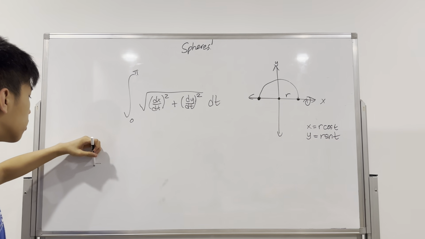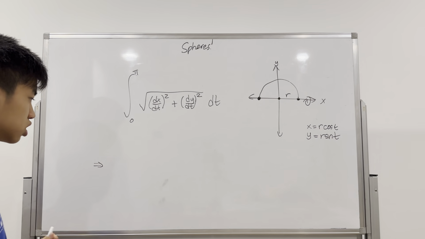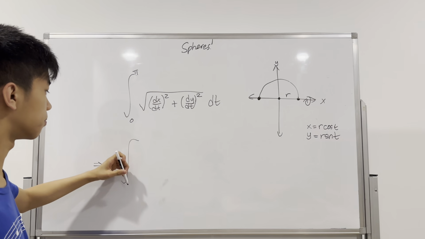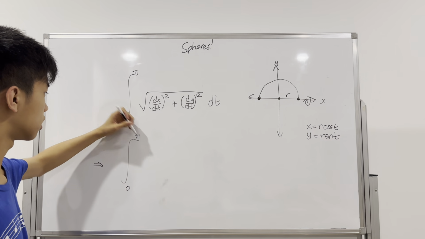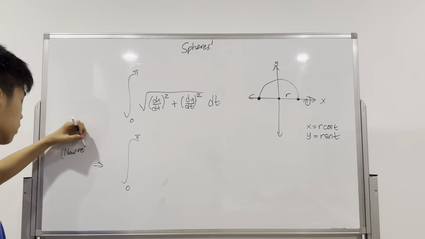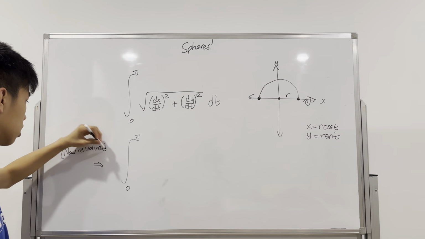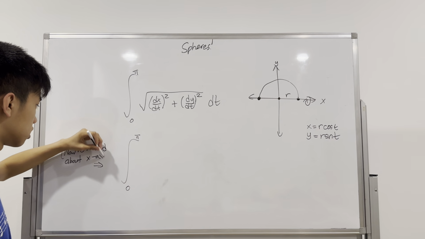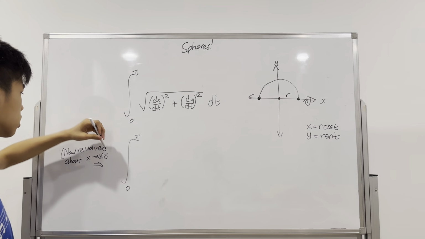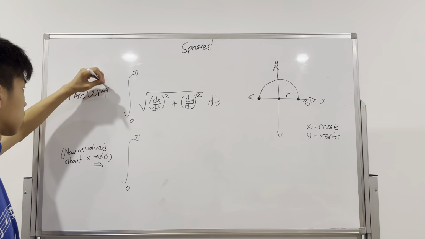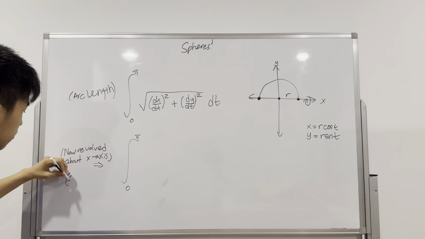Okay, now we can get to the revolution. Using Calc 2 techniques, which are really complicated to cover in one video, you can transform this. So this is arc length, and this, revolved about the x-axis, is surface area.